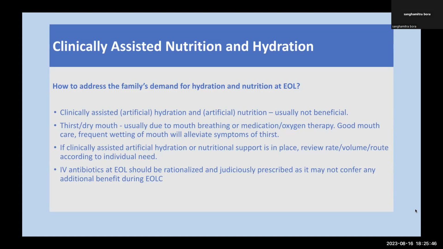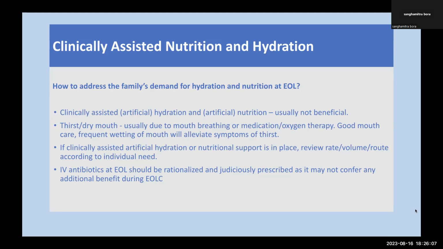But usually, these are not beneficial at the end of life. And when I say at the end of life, there is no scientific evidence behind this. At least you can't find any evidence in the literature.